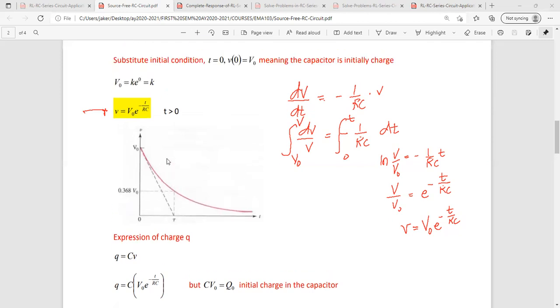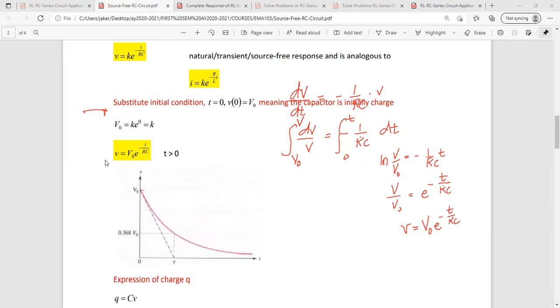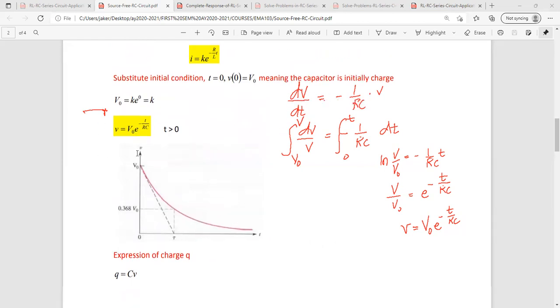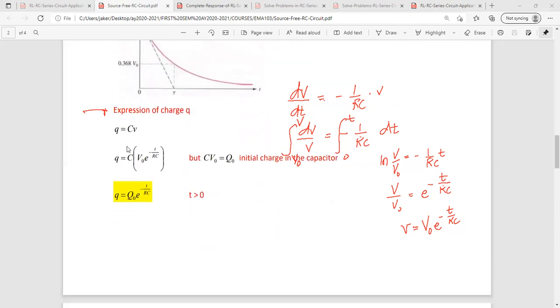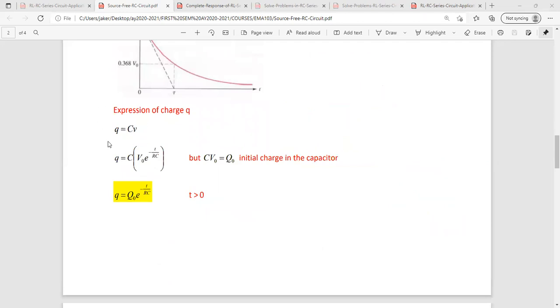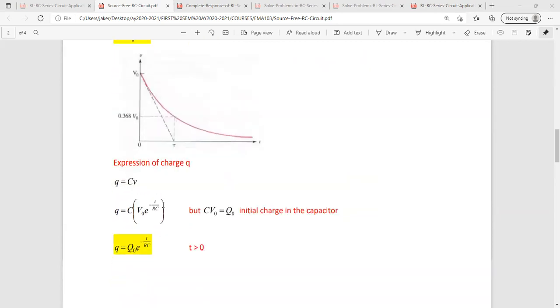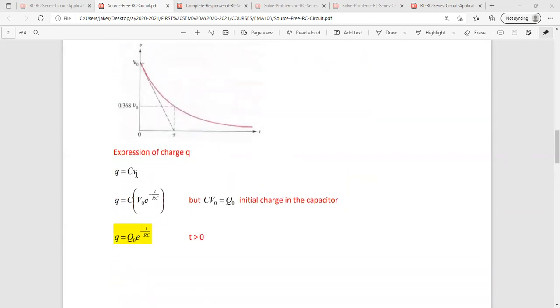Okay, now, remember you have this formula for the voltage across your RC source-free circuit. And you have this formula, allow me to erase my markings here, for the charge. If you want to change the V in this formula for the charge in terms of time, remember the V is this. So you may do so.